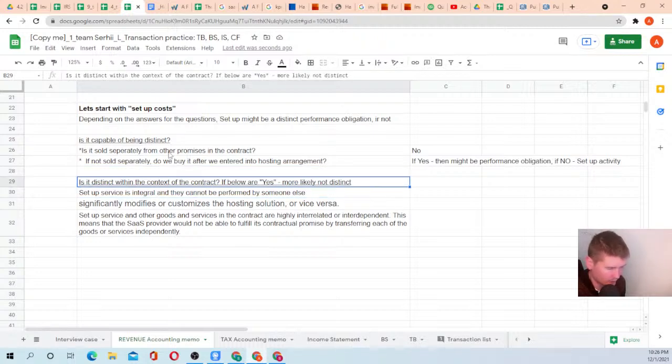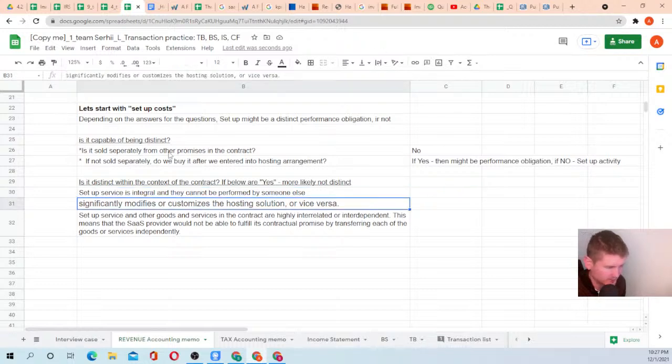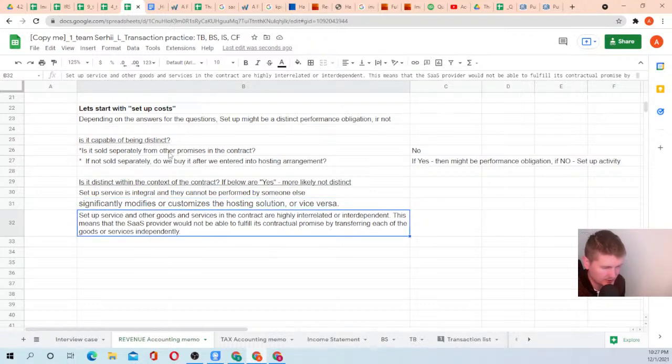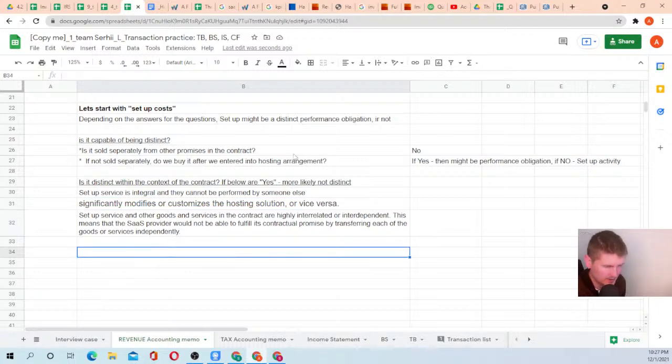Then also, if we say yes, that this setup service is integral and it cannot be performed by someone else, and also it significantly modifies the hosting solution, and it is indistinguishable, inseparable from our package, then we can conclude that it is not a performance obligation.